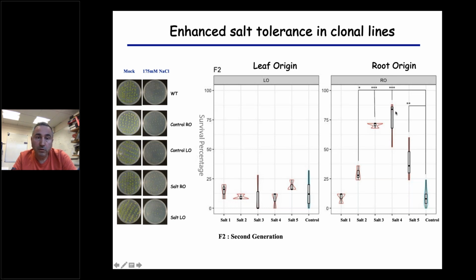And when we look at salt tolerance, the lines that come from roots are relatively efficient in having enhanced tolerance to high salinity, but the ones that came from leaves are not very efficient in that response, which goes in line with the transcriptome data that I showed you earlier.